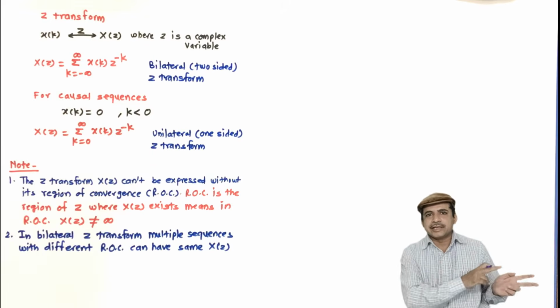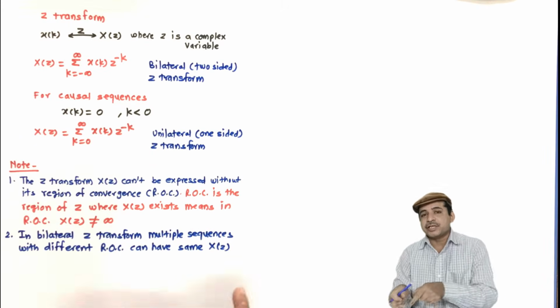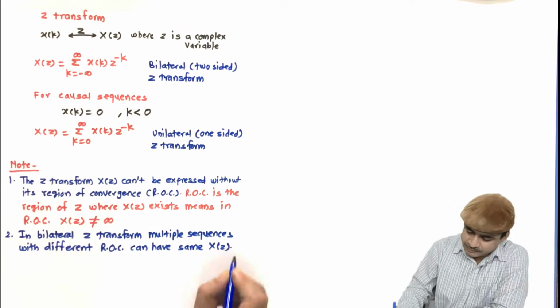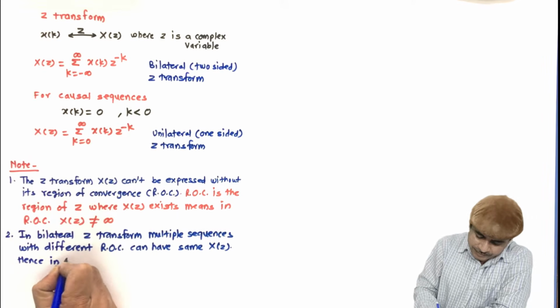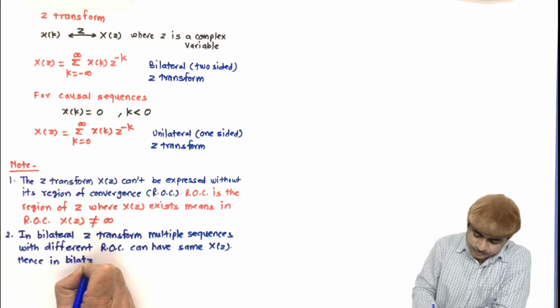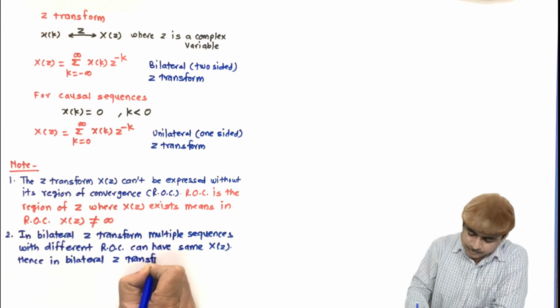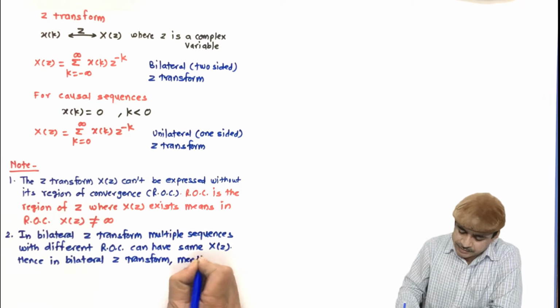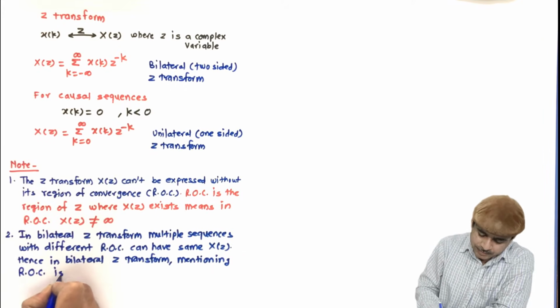So signals are more than one, but with different ROCs they may have the same x of z, and that is why, hence, in bilateral Z transform, mentioning ROC is compulsory.